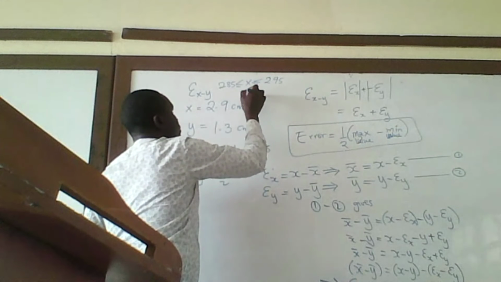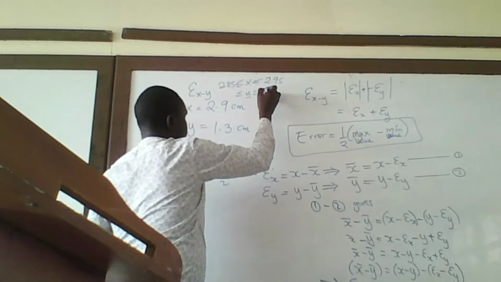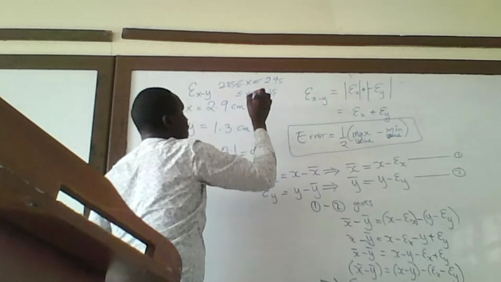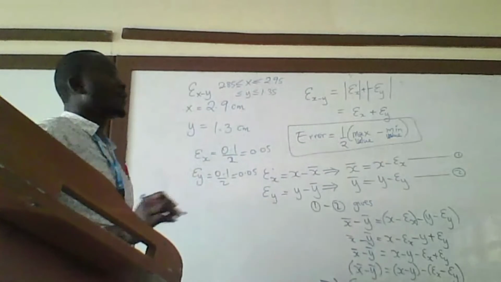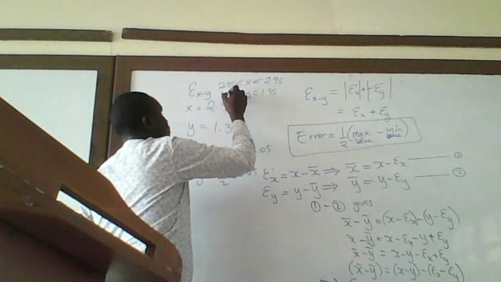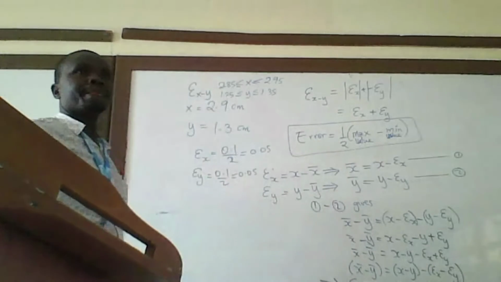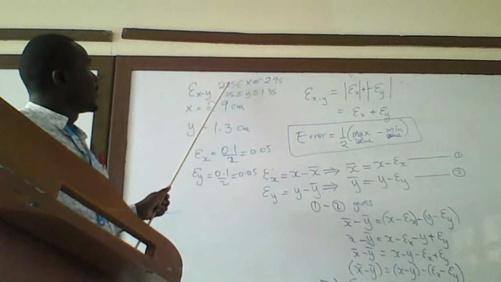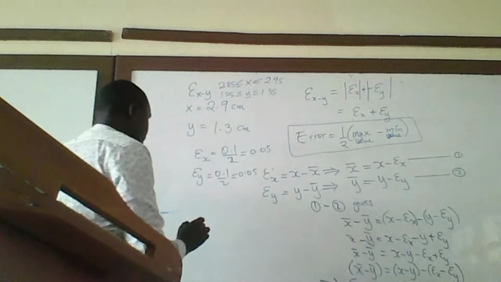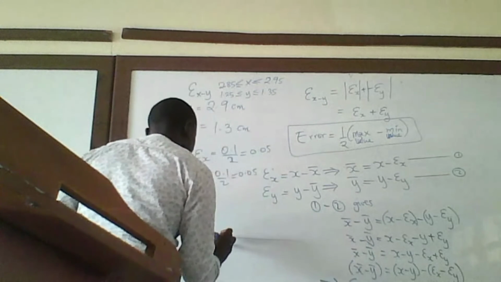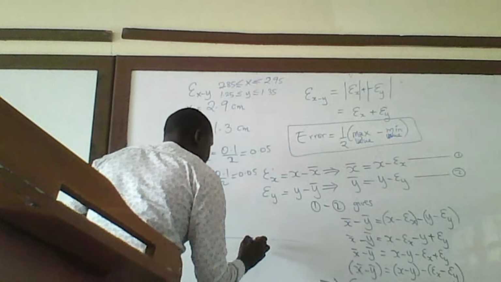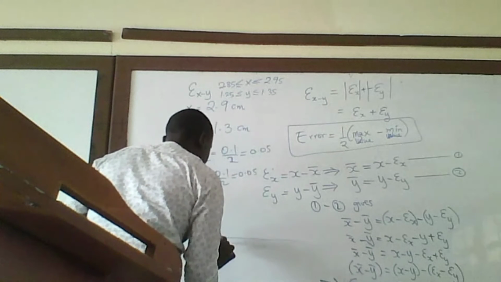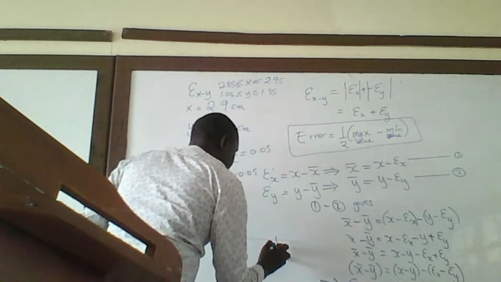Then y will be between a maximum of 1.35 and a minimum of 1.25. So if I have my y here, I have my x here.